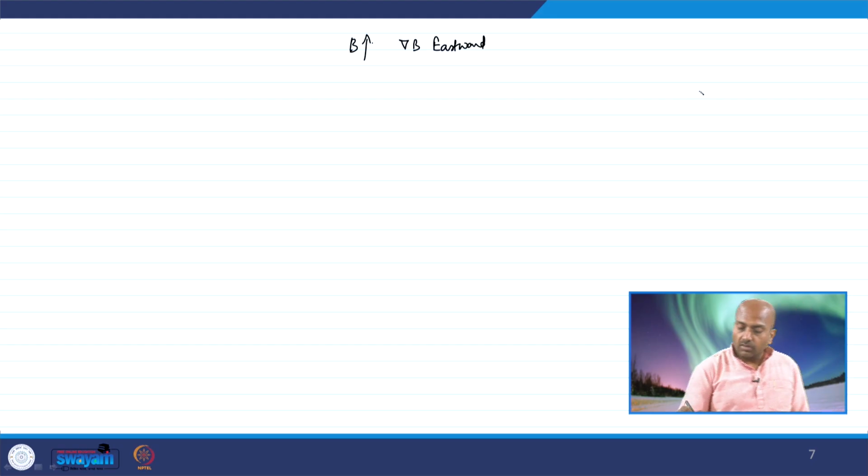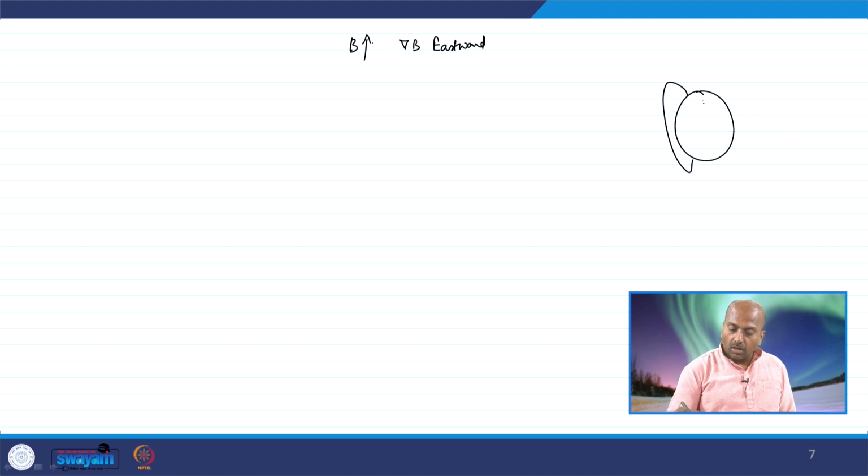Now, this velocity is relativistic for a 10 keV proton. We can find out the direction of this gradient drift velocity. When we take the magnetic field to be northward and the gradient to be pointing eastward, we have to think of this system in which the magnetic field is like this.